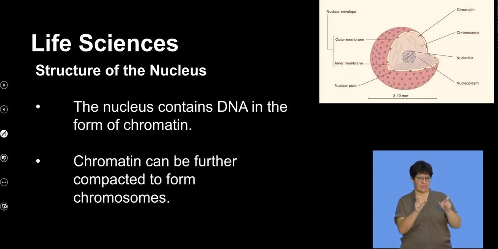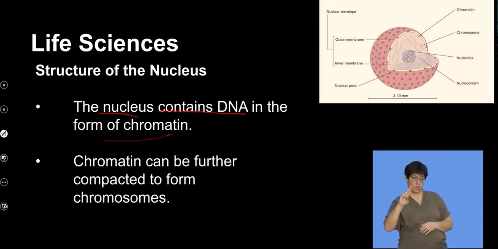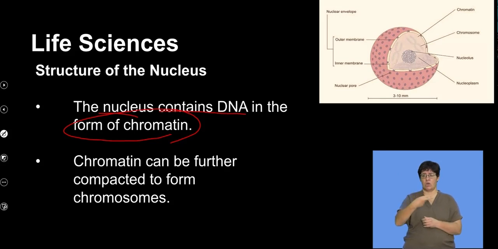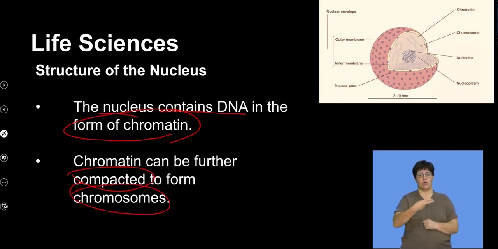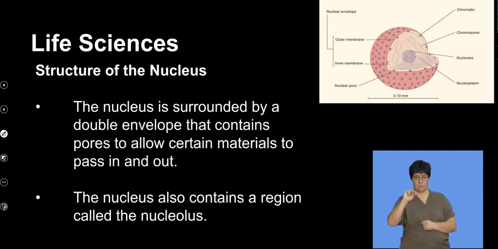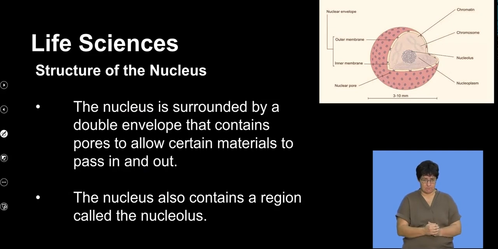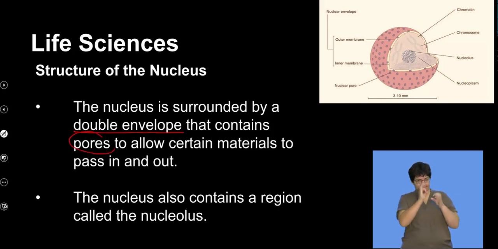So we've looked at the structure of DNA. We said that it's found in the nucleus, and it forms part of what we know as chromatin. Chromatin can be arranged into a compact structure known as chromosomes, which I will illustrate in the next couple of slides. The nucleus is surrounded by a double envelope, which contains two layers, and it has pores which allow the movement of substances in and out.